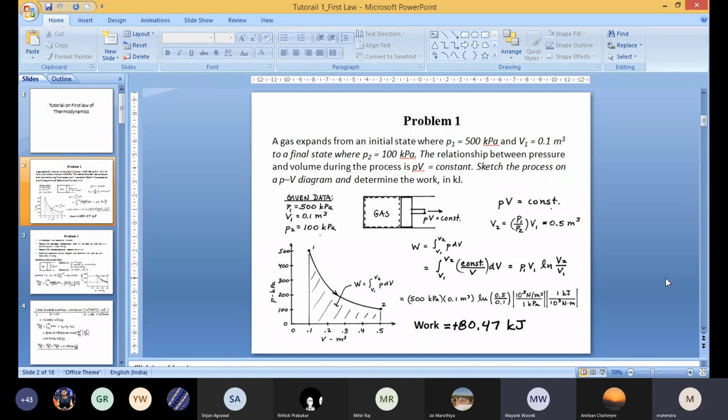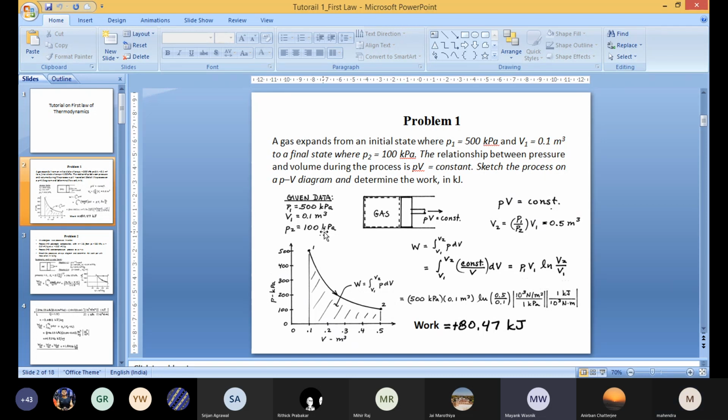So this problem is about simply calculating the work by considering the process PV equal to constant. In the data, P1 is given, V1 is given, and P2 is also given.